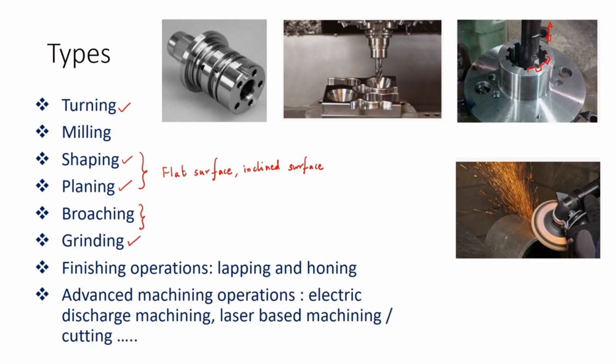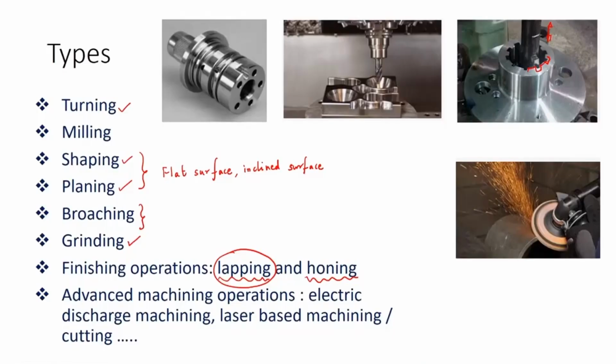Grinding is a well known example. Here we are using the cutting tool in the form of particles. These particles are bonded together by using a binding material. The grinding material is utilized to remove the material in the form of very small chips and to get the required surface finish or to generate the required surface shape.